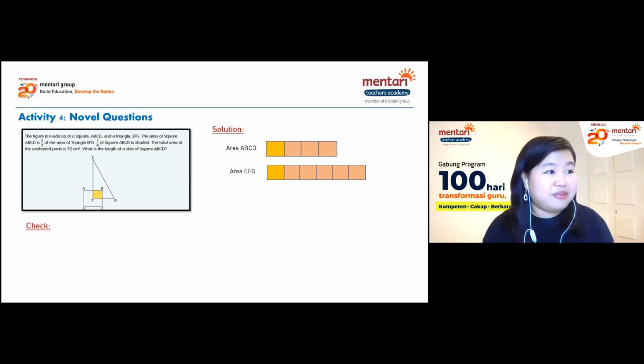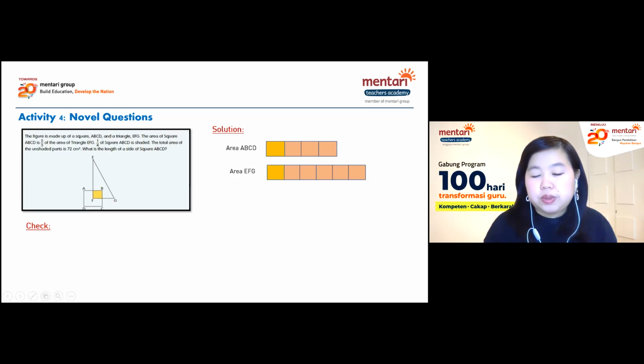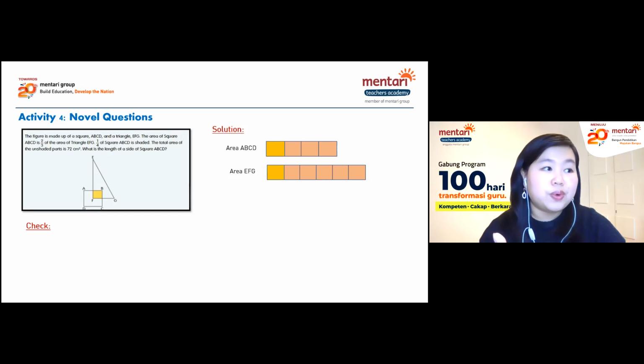So we still possibly have a couple of steps in order to get there. By knowing that one part is equal to 9 square centimeters, what can we know about the area of ABCD? Perhaps that can be the next question that you use, if you were to guide your students in the same process.